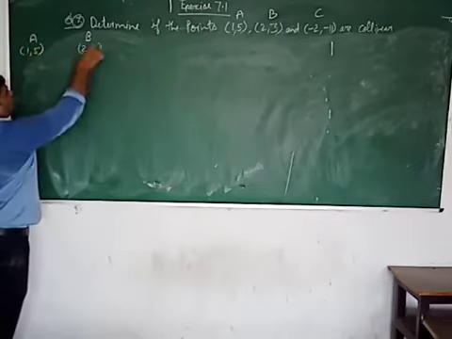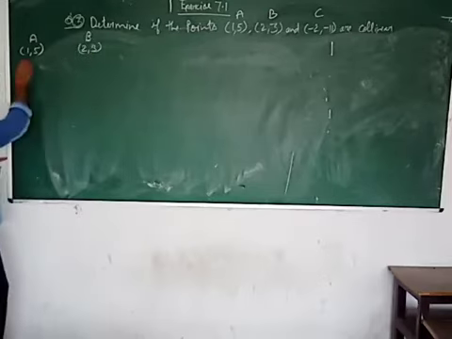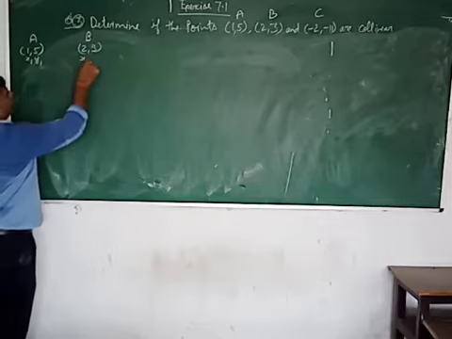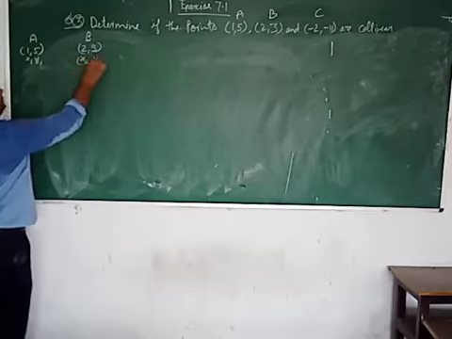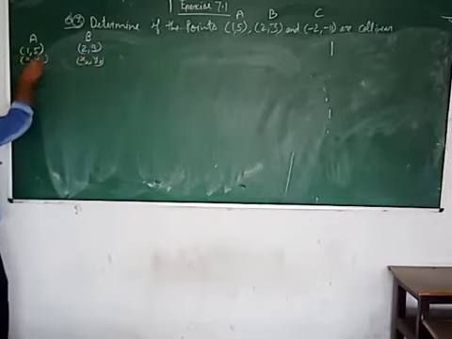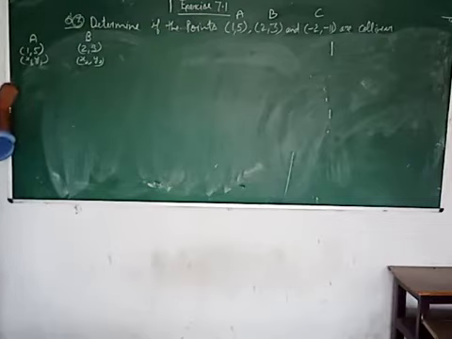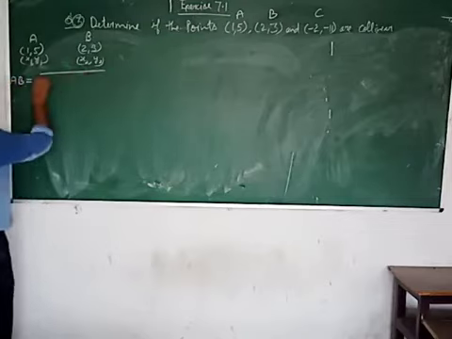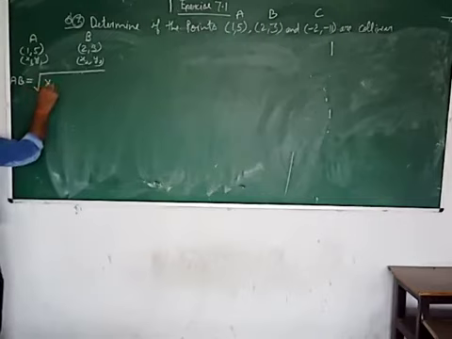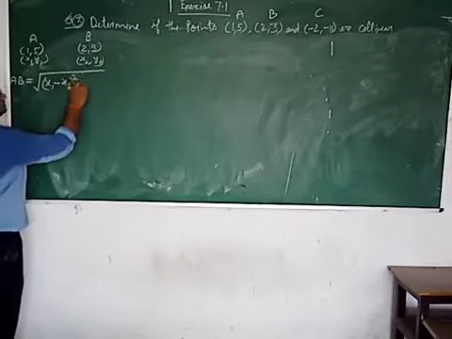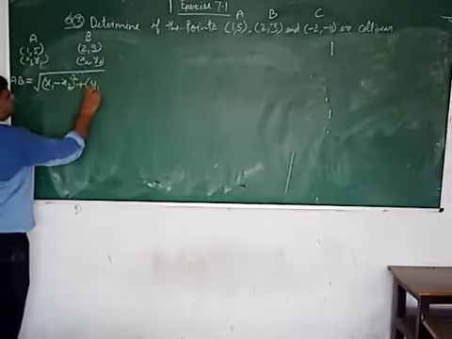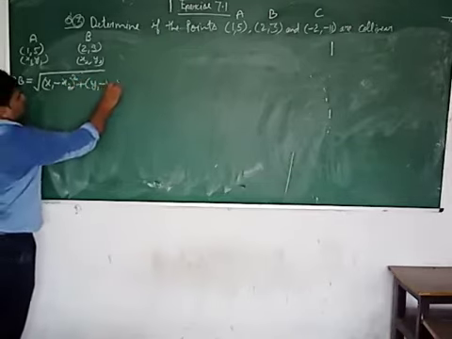Mark these as x1, y1 and x2, y2. You have to find AB. The formula is the square root of (x1 minus x2) whole square plus (y1 minus y2) whole square.